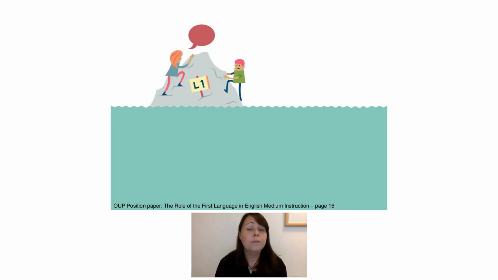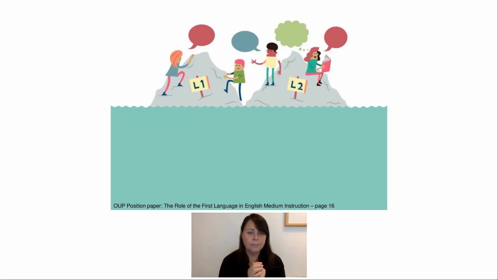It's an island, often in isolation, with no relation to anything else, any other languages. And for most of the 20th century, it was believed that we learn our L2 in a very similar way. So again, as its own island, as its own entity, without any relation to any other language.